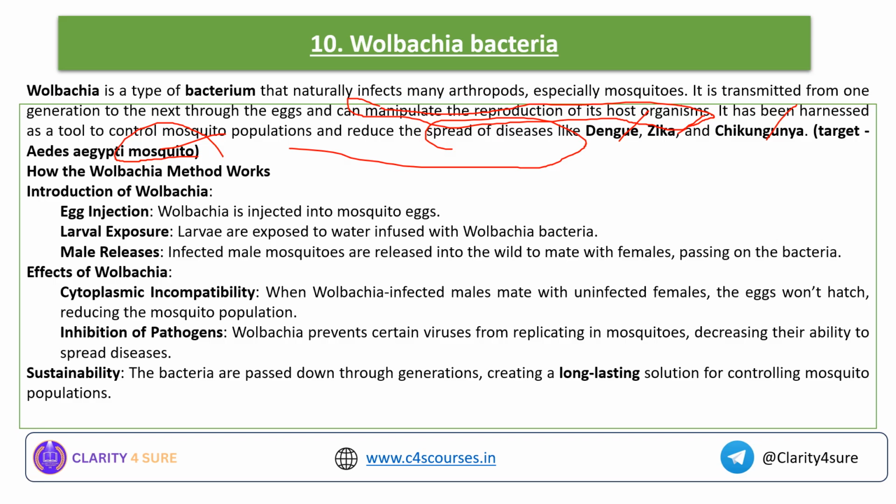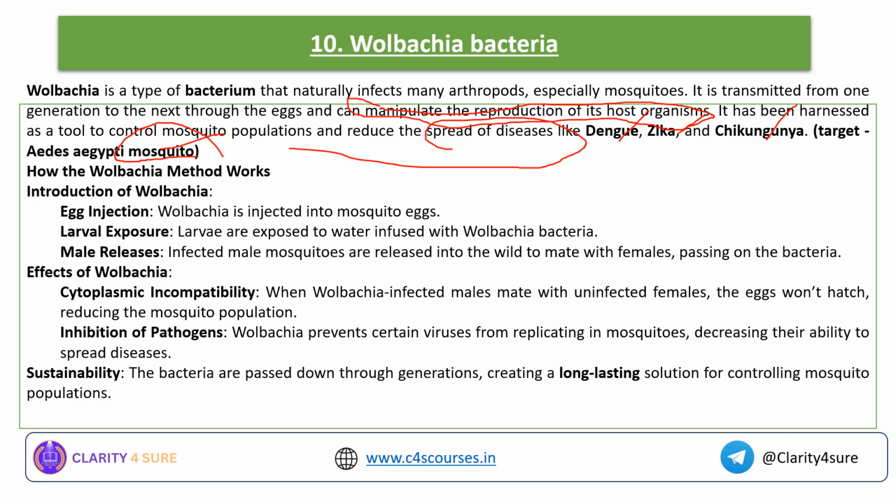Okay, what happens when this bacteria enters the eggs of this particular mosquito? Here it will lead to cytoplasmic incompatibility. What does it mean? If the affected males of this Wolbachia bacteria mate with the unaffected females, the eggs will not hatch.